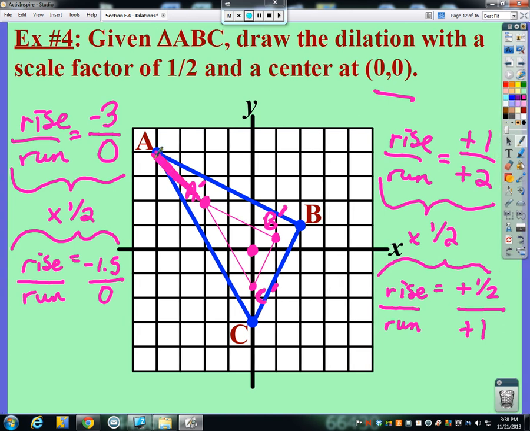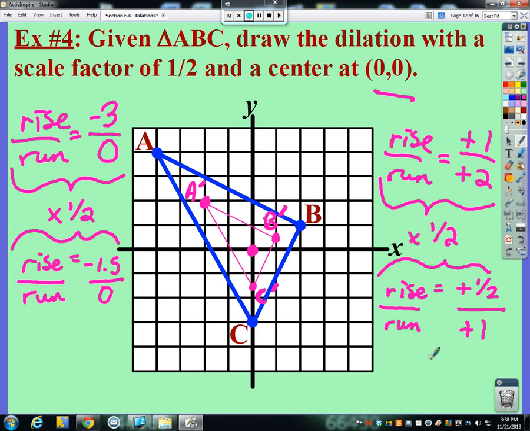This distance between A and A prime should be the same distance between A prime and the center. There's our half factor. Just like we showed earlier, B to B prime and B prime to the center is the same distance, so it's halfway. And likewise with C to C prime and C prime to 0, 0, it's the same distance. So there's our half factor once again at play.